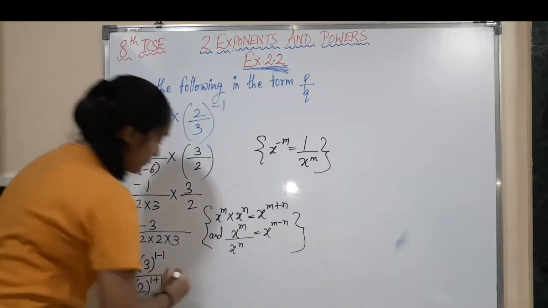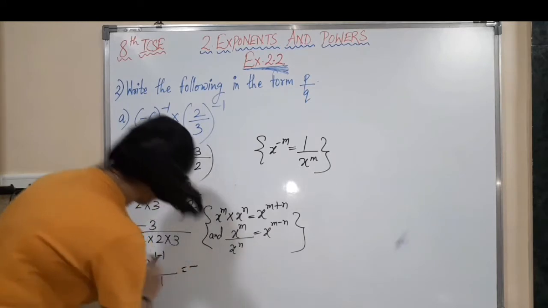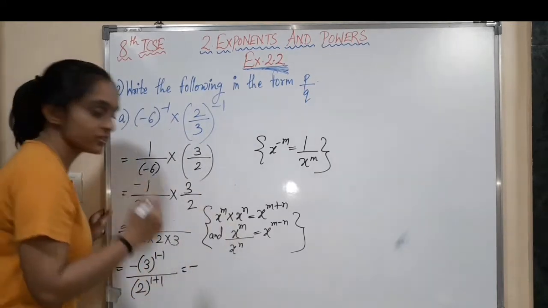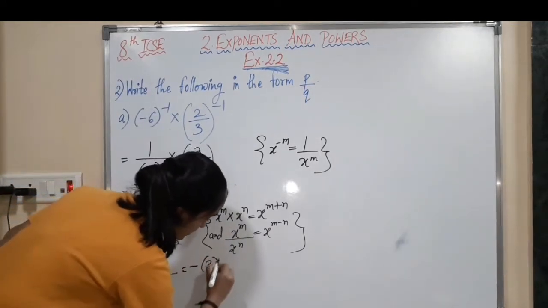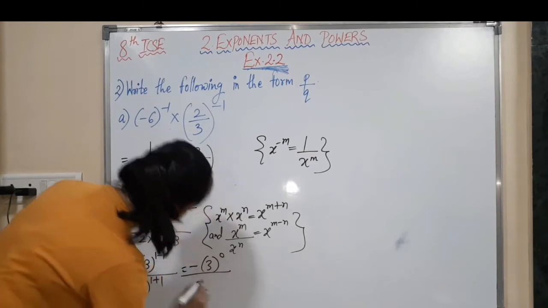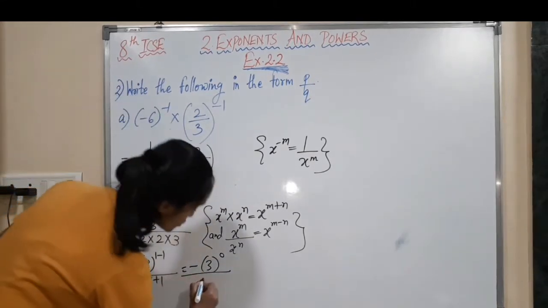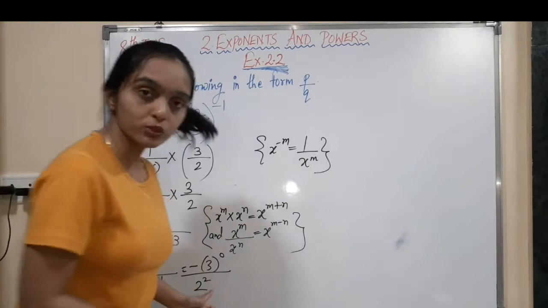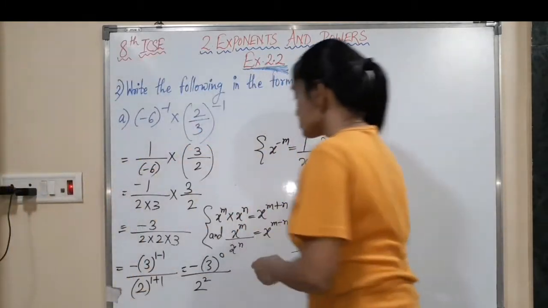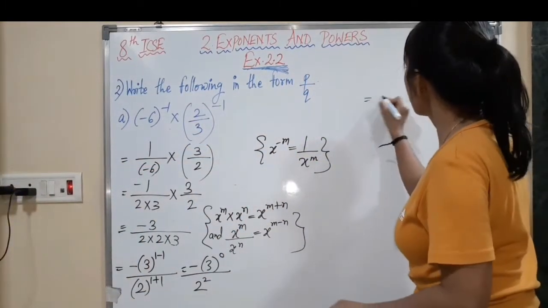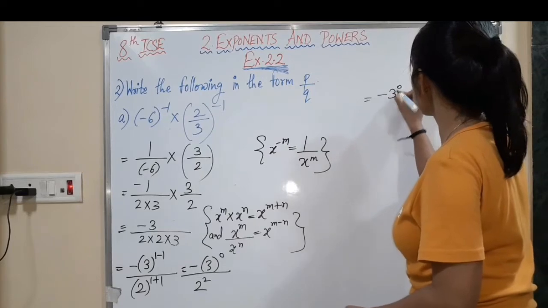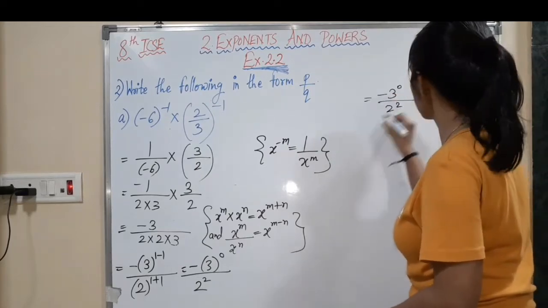So you will get minus 3 raised to 1 minus 1 is 0, so minus 3 raised to 0 upon 2 raised to 1 plus 1 is 2. So now I am solving this sum. Now you will get minus 3 raised to 0 upon 2 raised to 2.